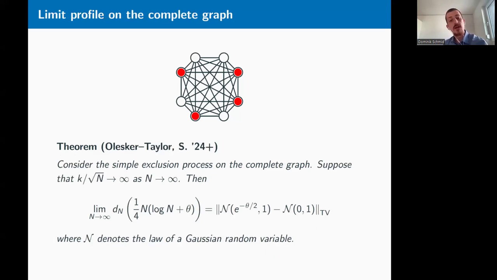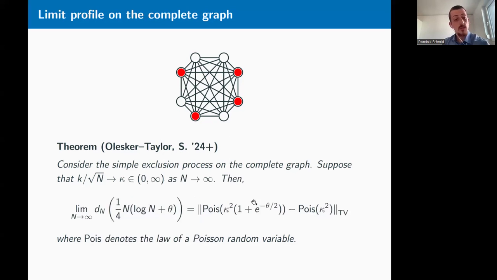So it turns out that we are also able in this case to determine the limit profile, together with Sam. And it matters what the ratio of k divided by square root of n is. If this goes to infinity as n goes to infinity, then the limit profile is given as a total variation distance between two Gaussians.